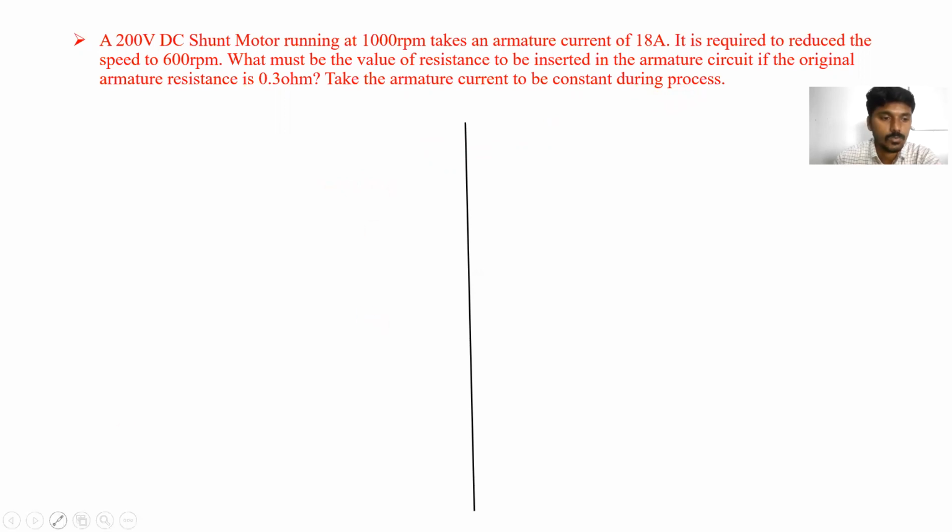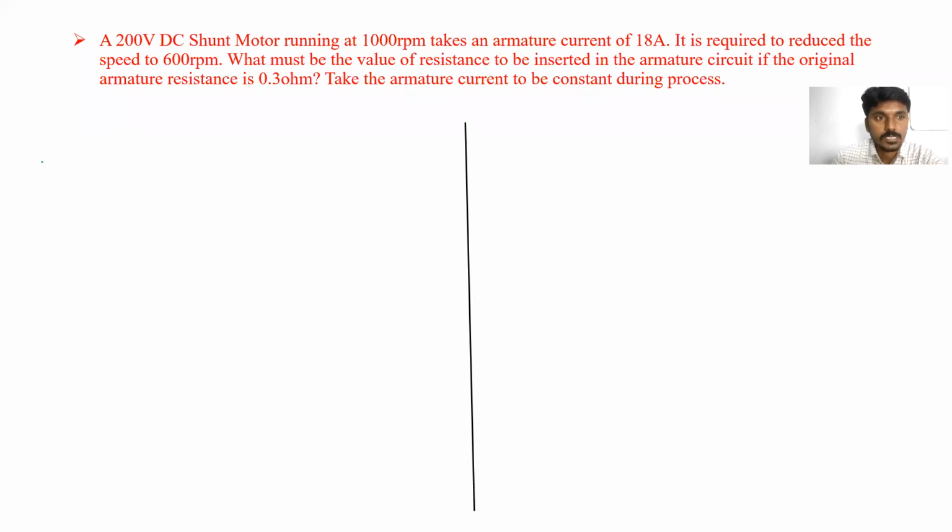What he has given in the problem and what he is asking, that is the most important. First of all, we should understand what is given and what we have to find. Clear? He has given the supply voltage, 200 volts, DC shunt motor. These are the rated values.